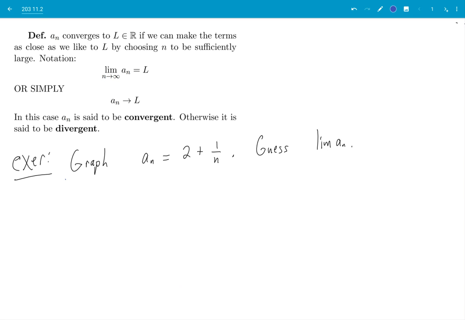Trying to give myself some space here. I'll try to draw a reasonably accurate 2 plus 1 is 3. So what should I do? 2.